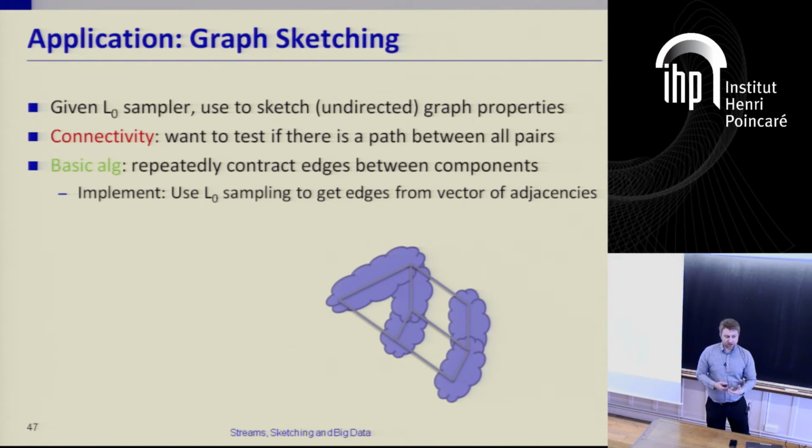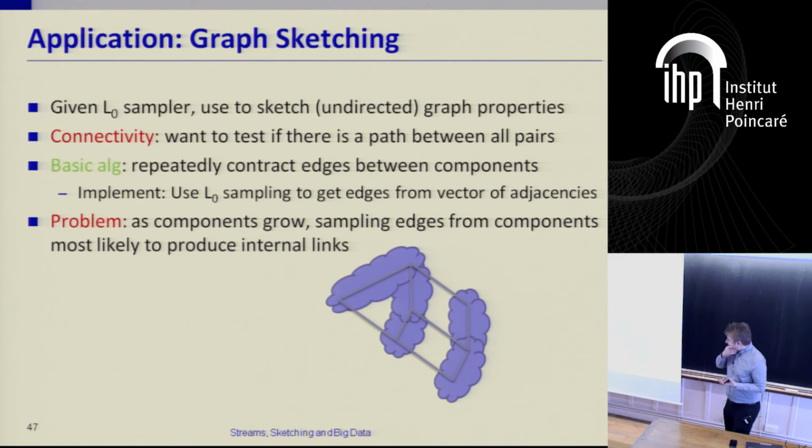So how might I do that in this sort of sampling small space world? I'd say, well, I can use this construction I've just built. I can use this sampling algorithm on the stream of edges to allow me to sample edges from something that represents the adjacencies of each node and use that to tell me what's connected.